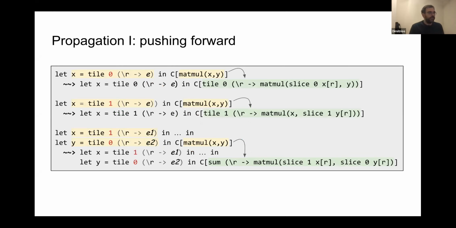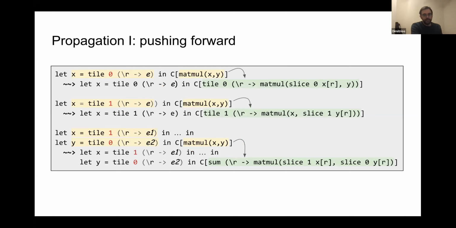So now some more interesting things start happening. Here's an example where, so we call these propagation rules, and they really have to do with the consequences of introducing these tile loops. So here we see an example where X is defined as a tile loop, and we see that X is used inside a matrix multiplication loop.